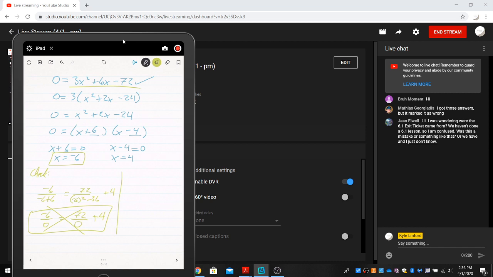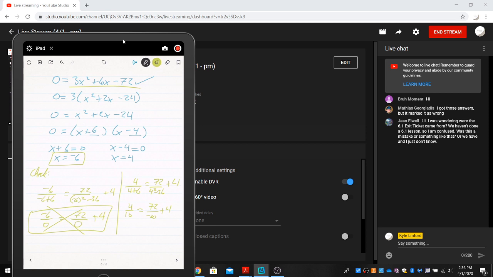Let's try 4. We have 4 over 4 plus 6 equaling 72 over 4 squared minus 36 plus 4. So that's 4 over 10 equaling 72 over 16 minus 36, which is negative 20, plus 4. Let's simplify 4 over 10.